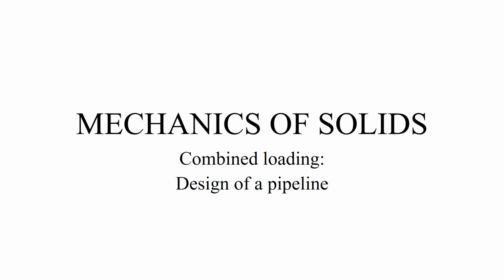In this video, we consider a problem of great significance to the oil and gas industry. Namely, we are interested in designing a long pipeline which can sustain the required operational conditions.